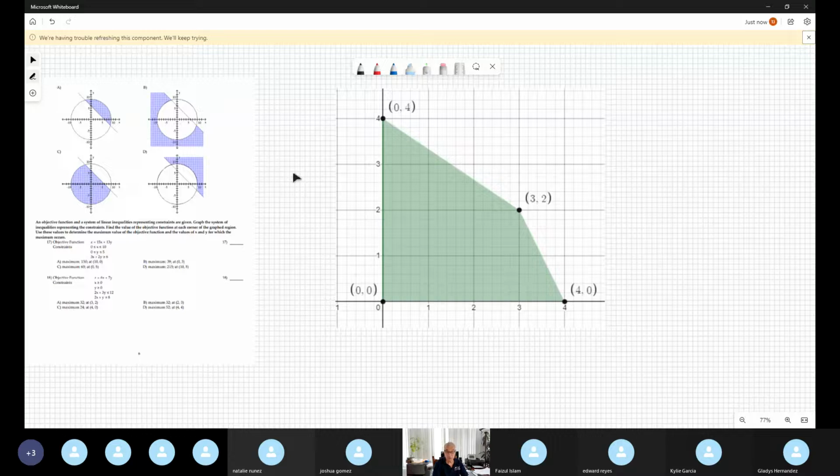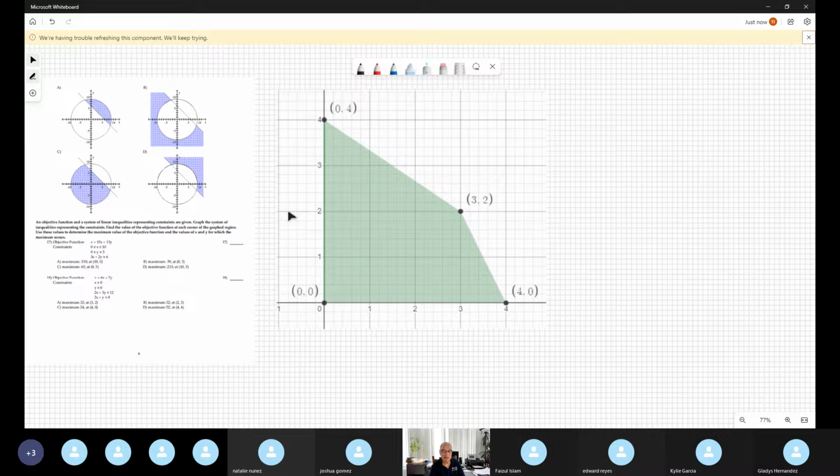In order to maximize or minimize, in this case maximize, you evaluate the objective function, C equals 6x plus 7y, in different corners. For example, I start with that corner, you will see in 4,0.